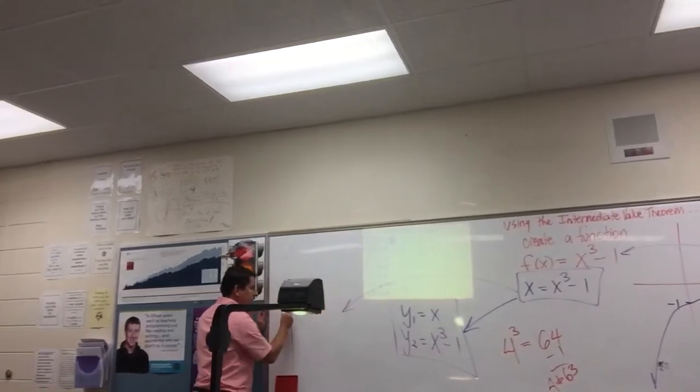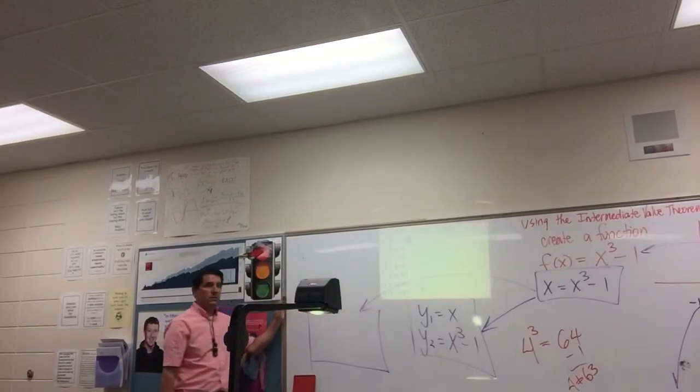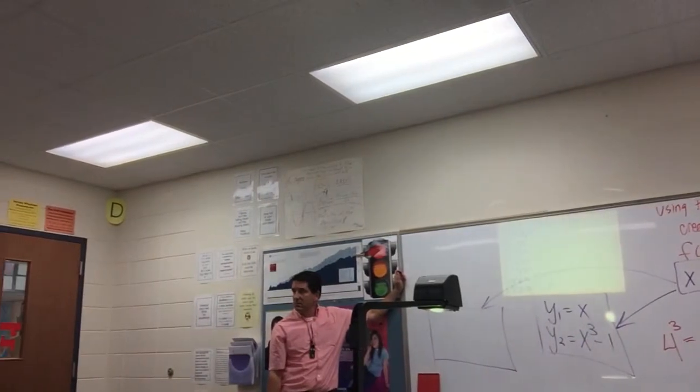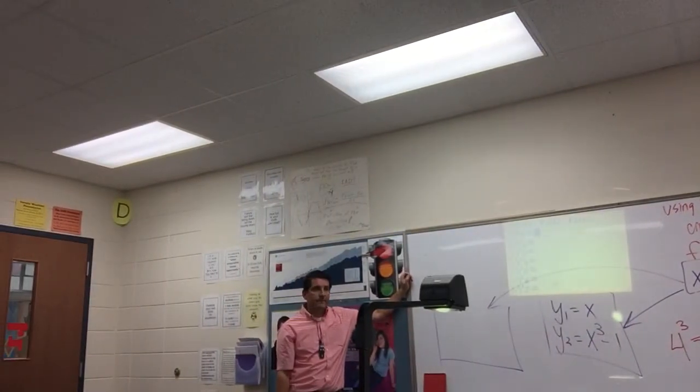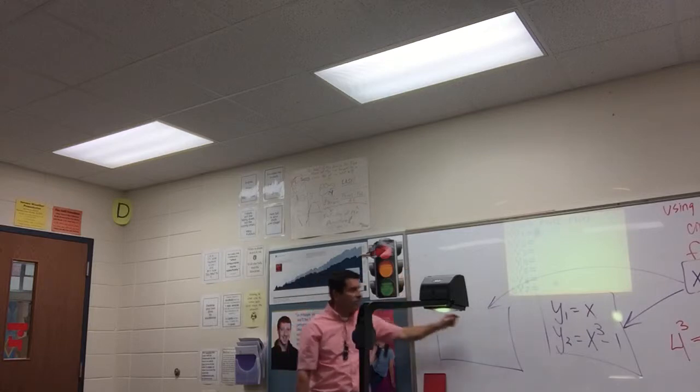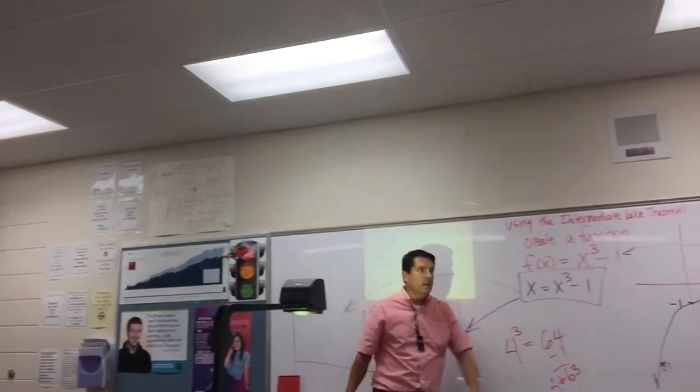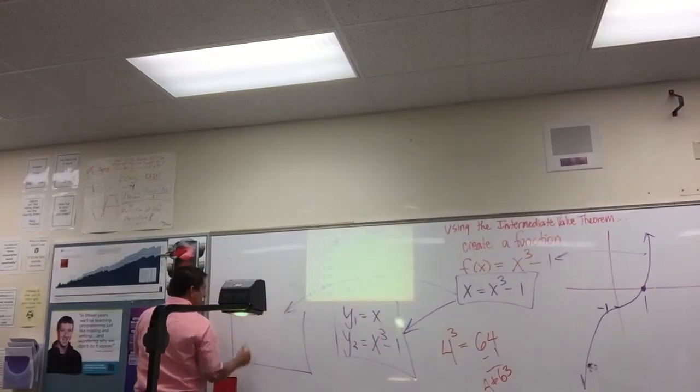What's an alternative way to do the problem? Because that's not the only way to do it. Don't need parametric. This is one way to solve this kind of problem. Sure. Set it equal to 0.